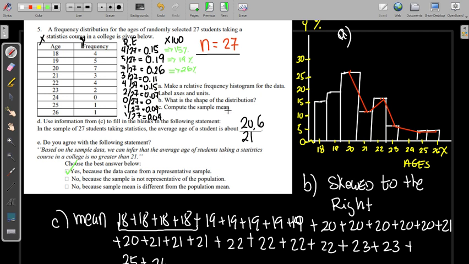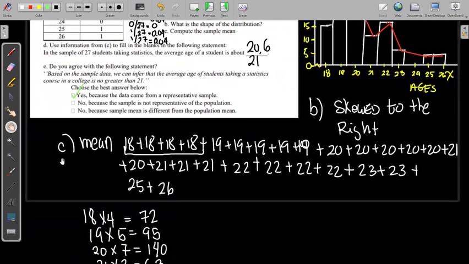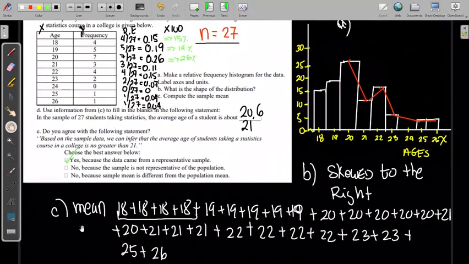To compute the sample mean, you can use the calculator, or you can add all the numbers, right? How many 18s do you have? You got 4 18s, 5 19s, 7 20s.